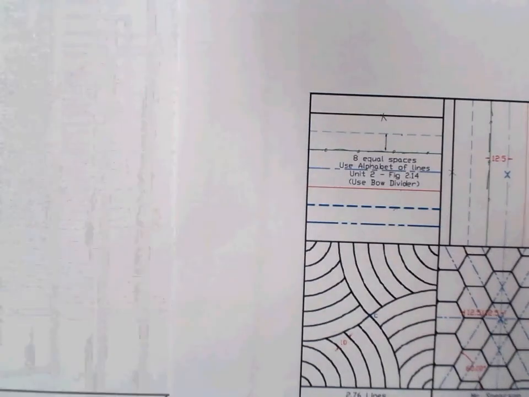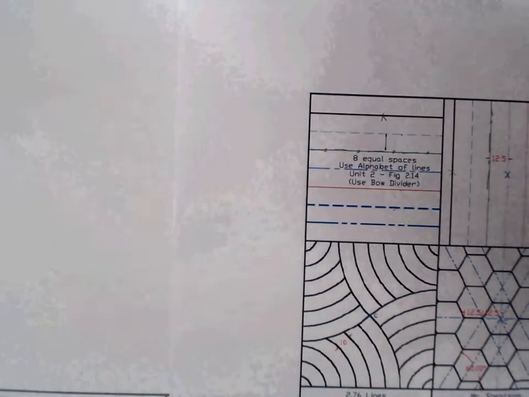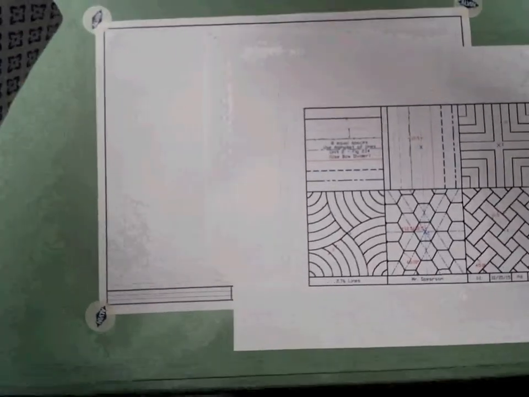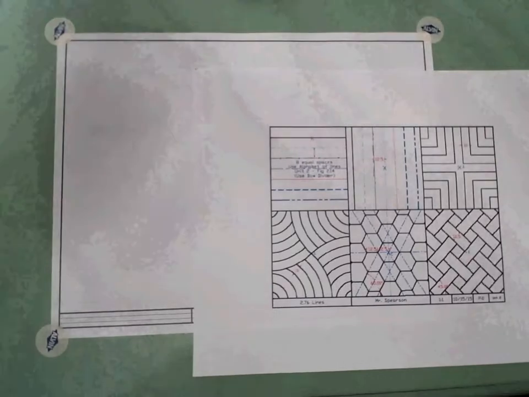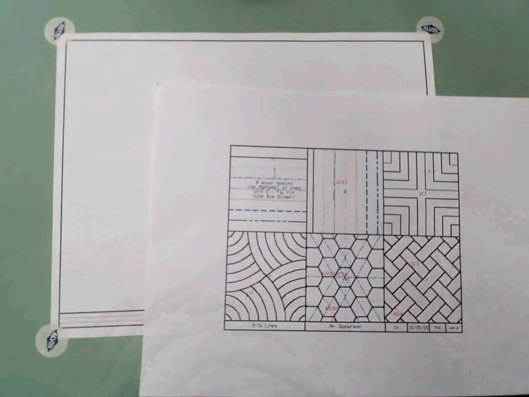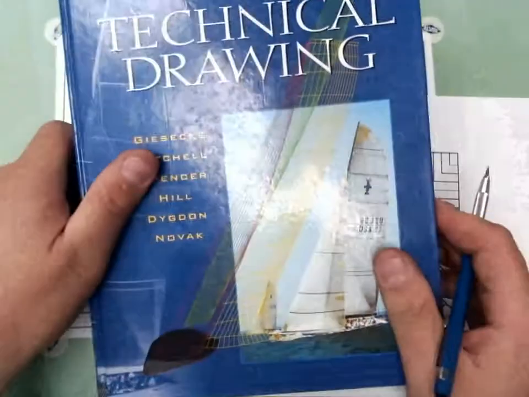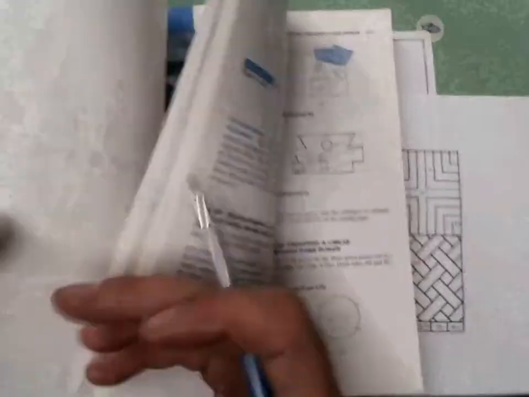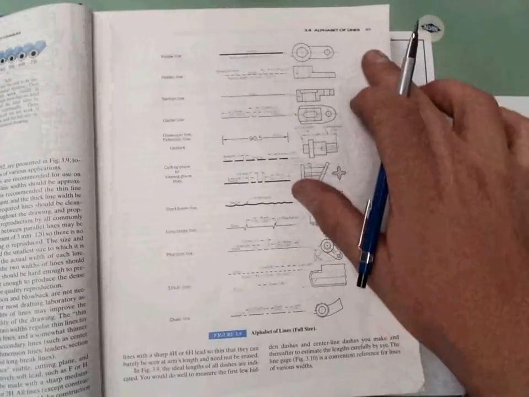Okay, so let me zoom out here, because if people don't like to look at that and still get a little confused, in the blue book, which is on the counter next to the sink, you have the technical drawing book. Page 49 in here tells you exactly how to draw these lines, and it starts here.